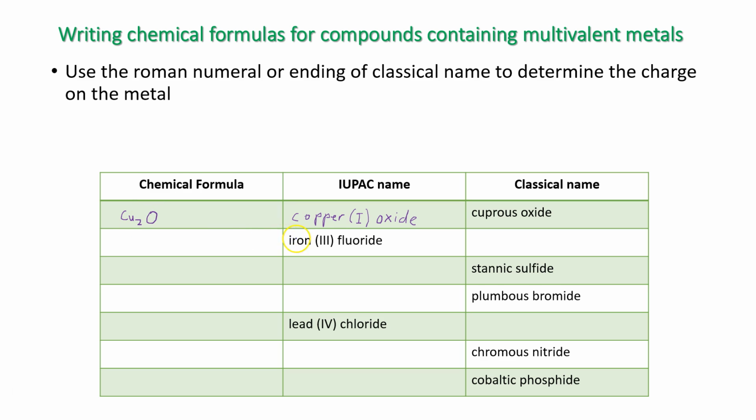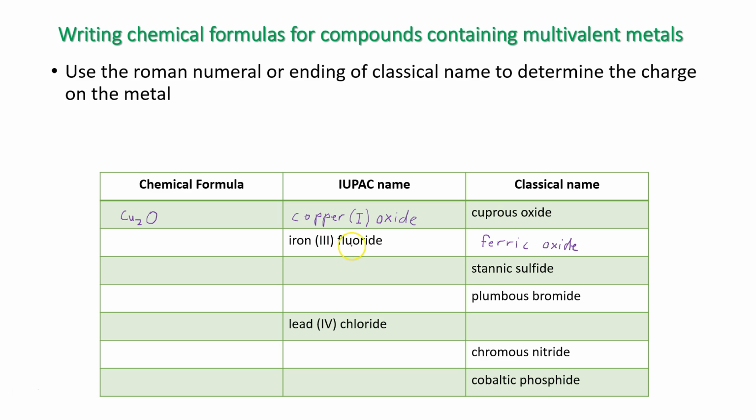Now going on to the next one, we have iron 3 fluoride. Iron has a charge of +3 since the Roman numeral is 3, and so the classical name for this would be ferric fluoride. The other form of iron is ferrous, which is if iron has a charge of +2.